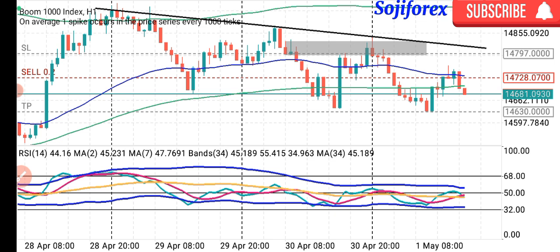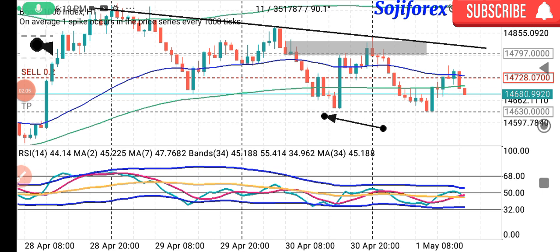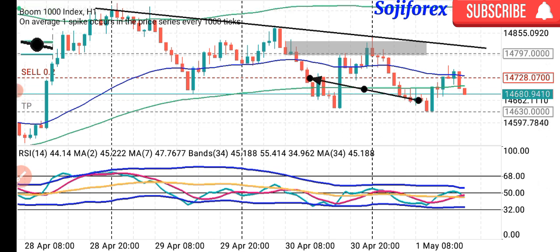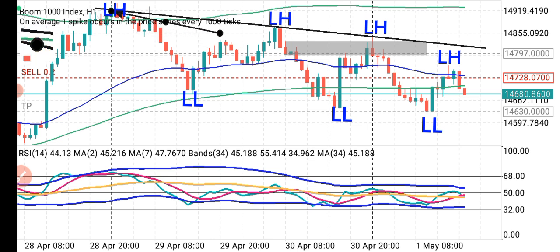This is Boom 1000 and this is H1 time frame. If you look at this, considering our trend line, you can see that we are in a downtrend. And you realize that the market is making a lower low, lower high, lower low, lower high, and a lower low.